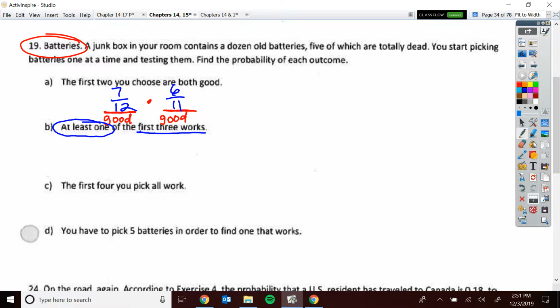All right, so what's our key thing? At least one. Probability of at least one is what? 1 minus the probability of none. I like to write more than just none, so I write 1 minus the probability that none of the three work. I just want 1 minus the probability of none of that.